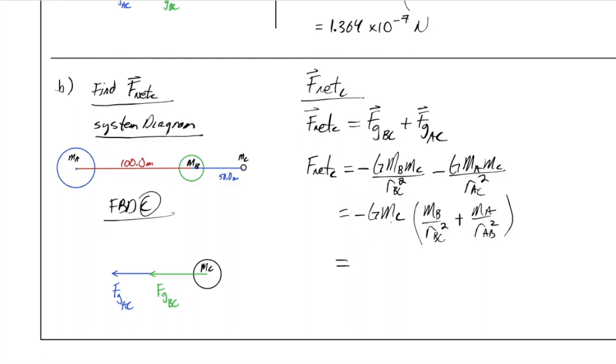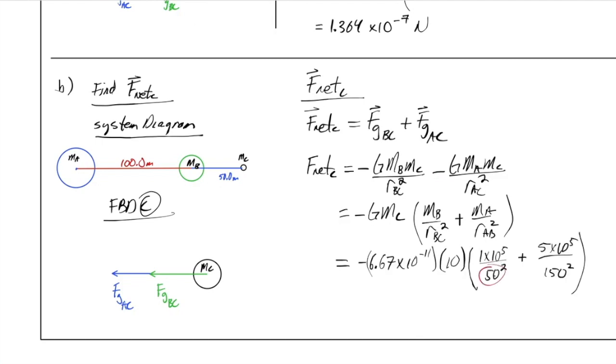So we've got negative G MC bracket MB over RBC squared plus MA over RAC squared. Note, it's very important. I make this mistake all the time still. When you take the common factor of the negative, that turns into a positive. And that's an easy mistake to make. Very common. So notice this time, RBC is 50 meters away and RAC is 150 meters away.